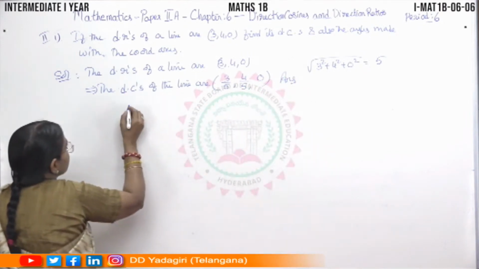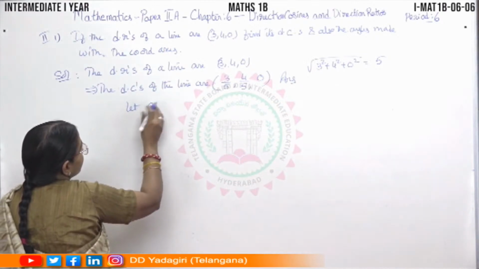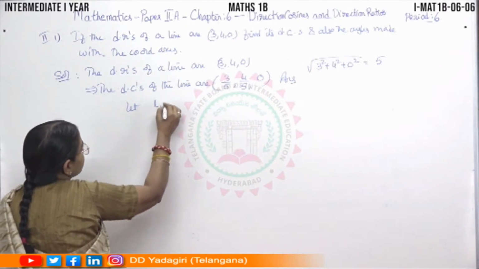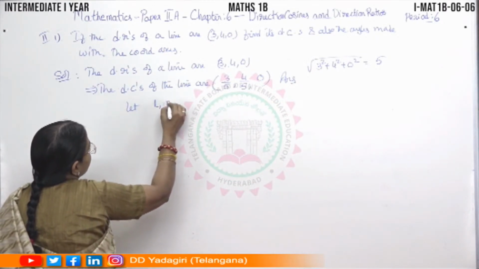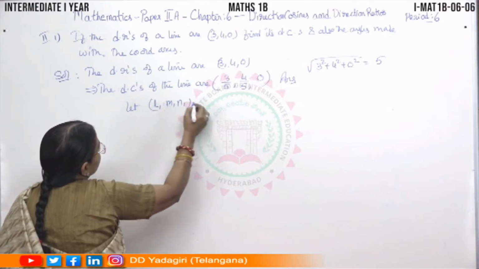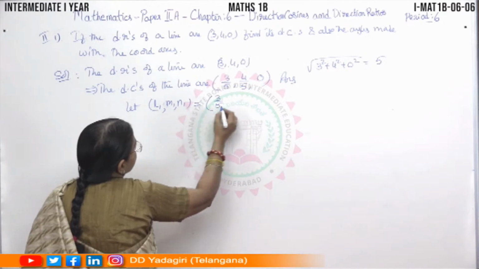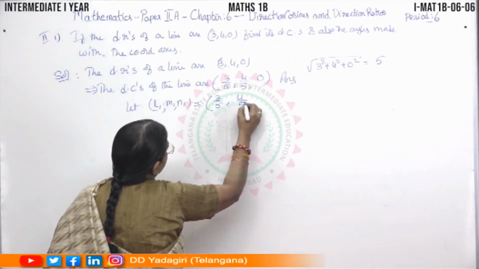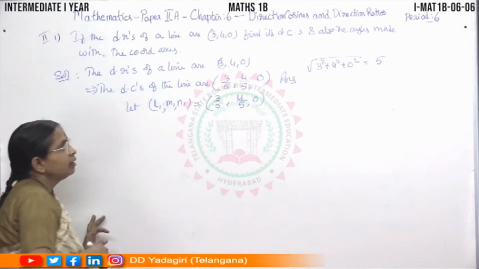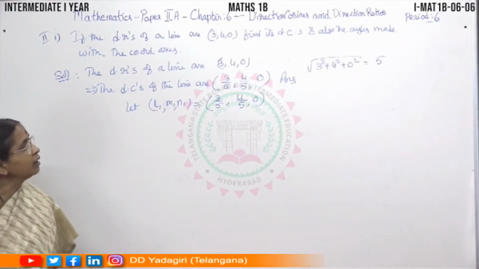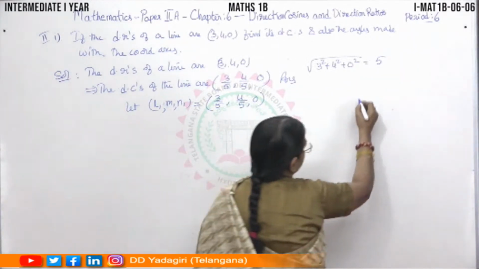Suppose that the DCs of the line are L1, M1 and N1, that is 3 by 5, 4 by 5 and 0. These are the direction cosines of the line. Now you have the problem like this.